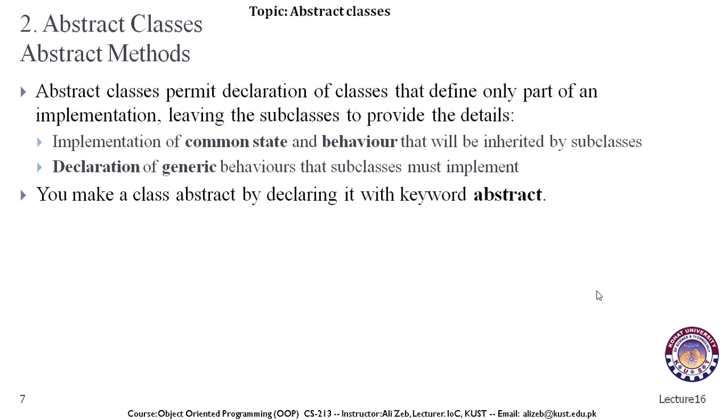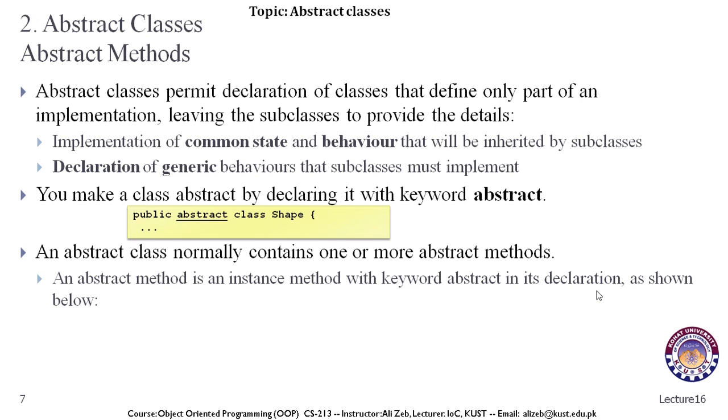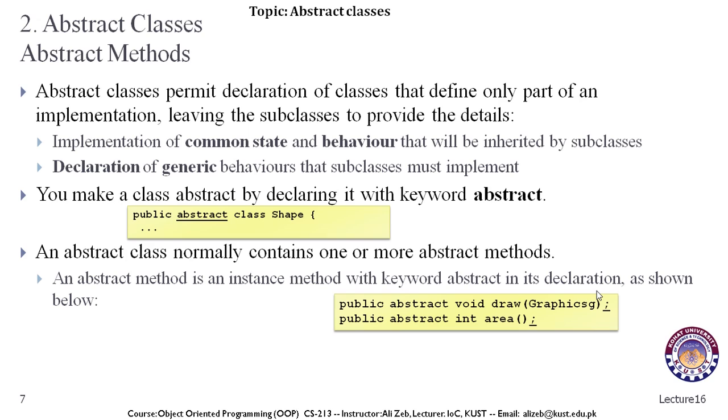We make a class abstract by declaring it with the keyword abstract, as we saw in the example. We can make a class abstract by writing the abstract keyword in the declaration of that class: public abstract class Shape. An abstract class normally contains one or more abstract methods. An abstract method is an instance method with the keyword abstract in its declaration, as shown below.